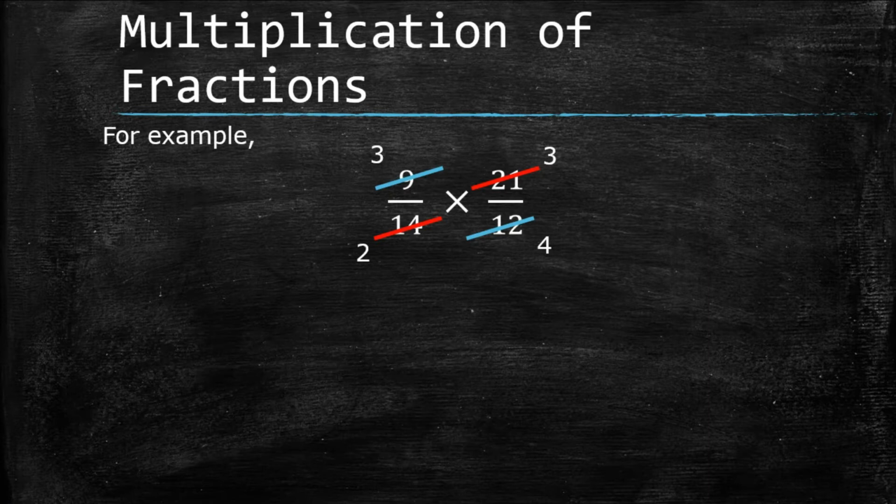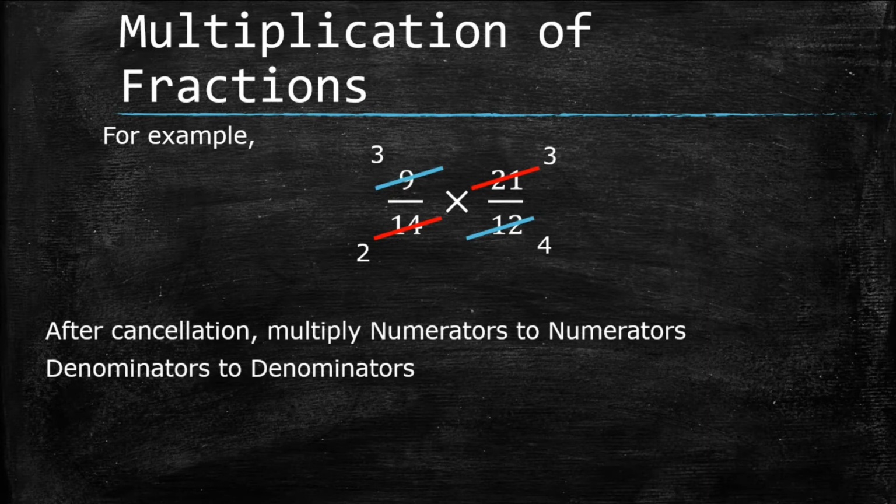After cancellation, you can now multiply all numerators and all denominators. So in our example, 3 times 3 is equal to 9, and 2 times 4 results in 8.